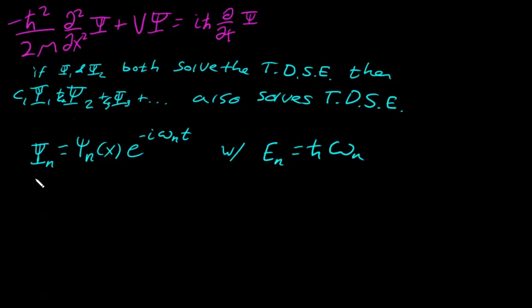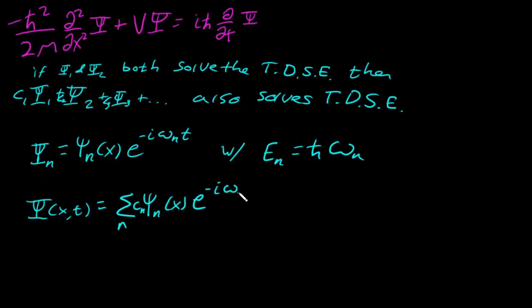This should hopefully make sense. This will just be the nth energy solution to the time-dependent Schrodinger equation. It's a separable solution. Well, we know that the general psi of x and t, the general solution to the Schrodinger equation, will be a sum of these solutions. So a sum over all the possible values of n, we'll have a cn out front, psi n of x, e to the minus i omega n t.